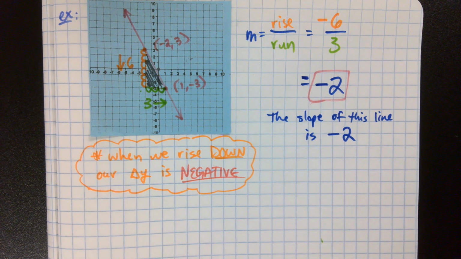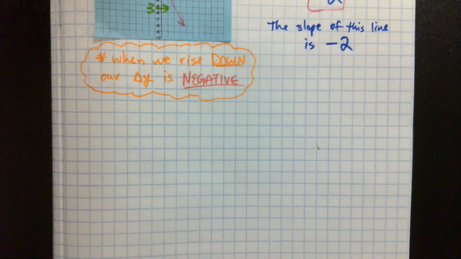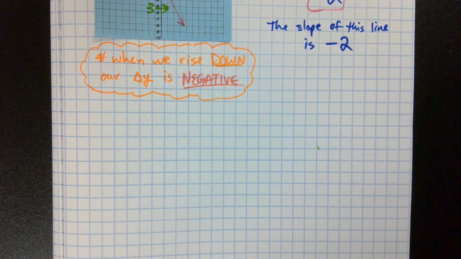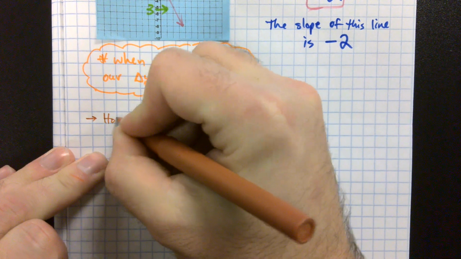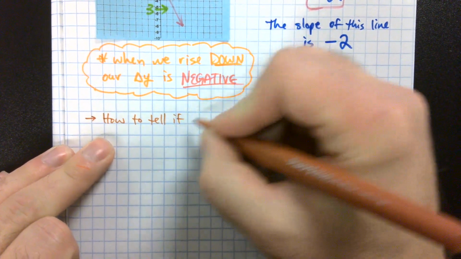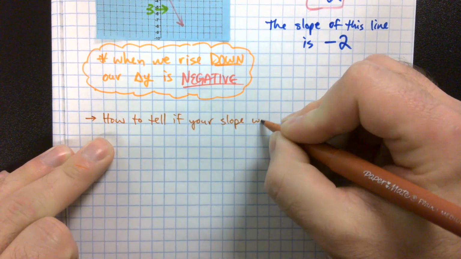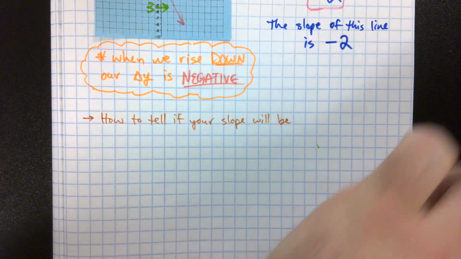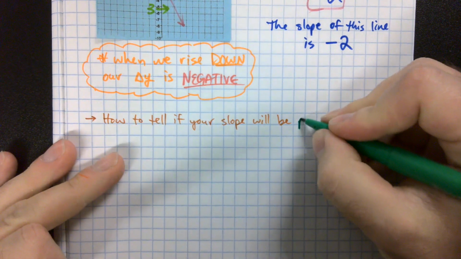Now, if that's a little bit confusing, let's put this in a little bit more of a visual outlook here. Let's see how to tell if your slope will be positive or negative.